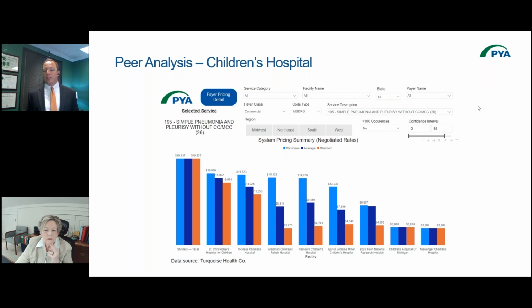And what we found is for the majority of the DRGs and CPTs, where they had sufficient utilization, and in many, if not all circumstances, their reimbursement was on the lower end when compared to the other children's hospitals that we showed in the dashboard. So that was another way that it made the data useful in terms of comparing where that one facility was at compared to other children's facilities across the nation.